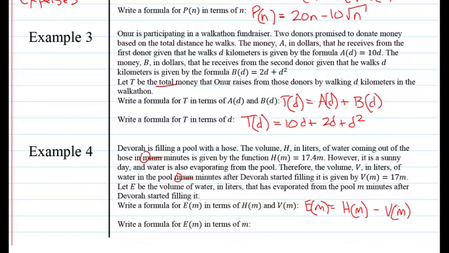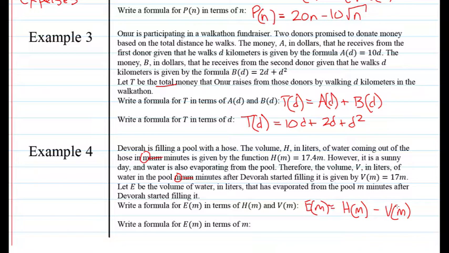Let's say I have a hose that will put in, I don't even know, 100 liters of water. And then it takes a while to fill up, so after an hour, I noticed that I have used all of that 100 liters of water that came from the hose, but my pool only has 95 liters of water in it. How many liters of water evaporated?